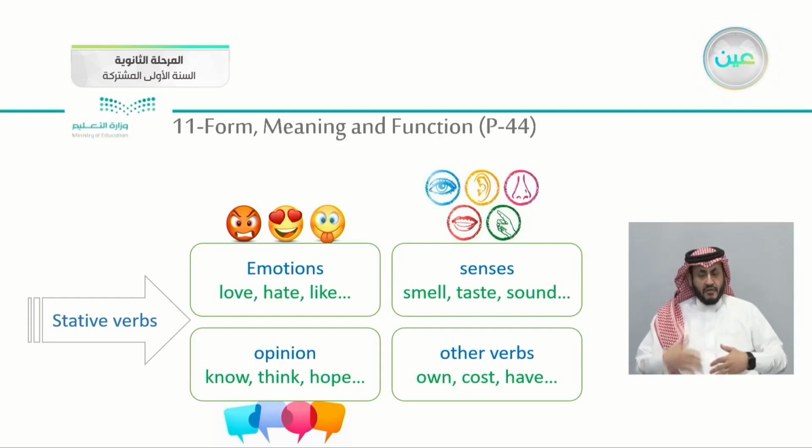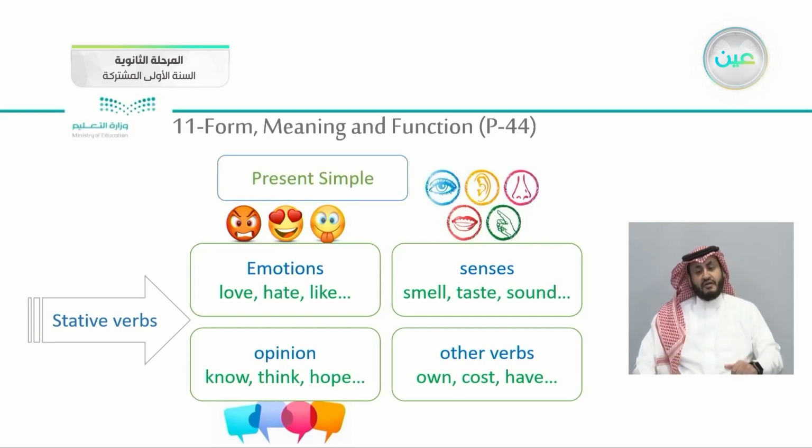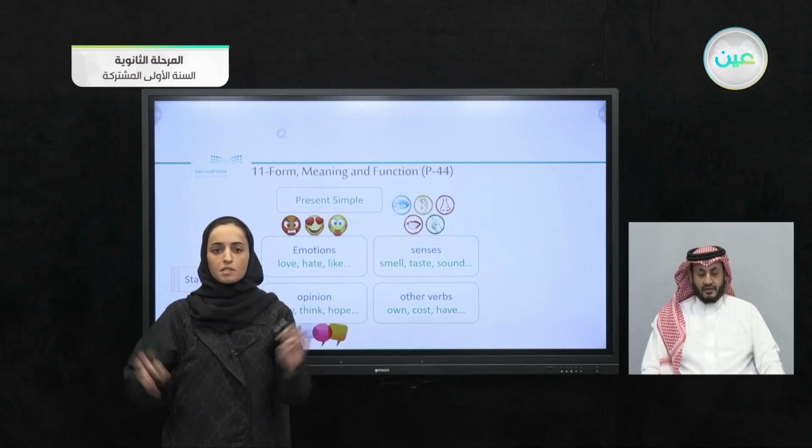Can you see someone who loves, who is at the moment loving something or hating something? Opinion, know, understand, think. They don't have action. And also some words like cost and have and others. These are always in the present simple, even though it is happening at the moment. I love something, so it is in the present simple.